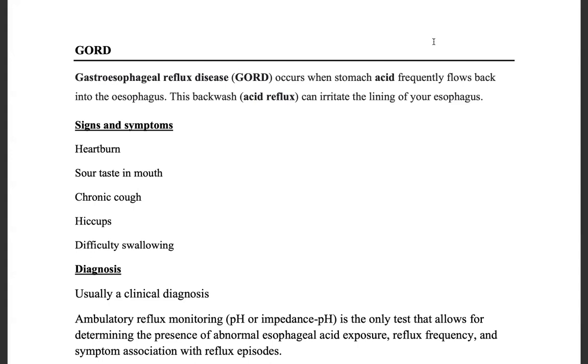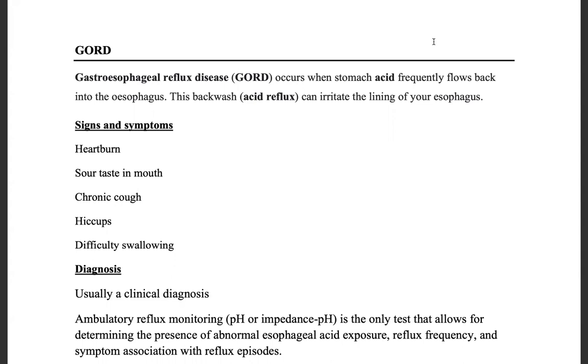Before coming to the signs and symptoms and diagnosis, you should understand about the lower esophageal sphincter. In the normal physiology between swallows, the muscles of the esophagus are relaxed, except those of the sphincters.